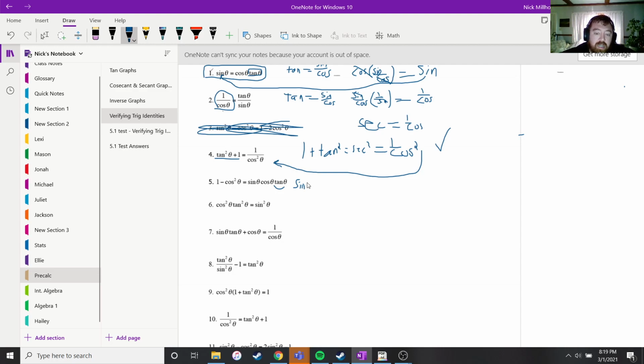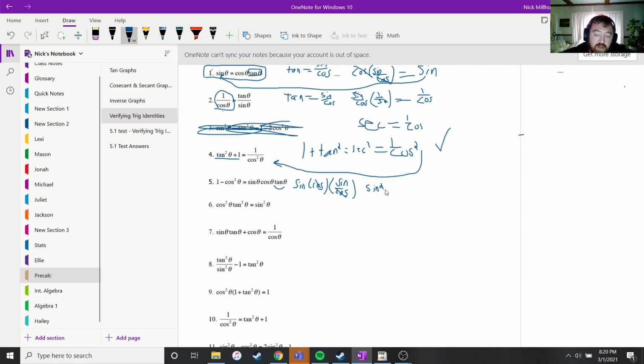So we got sine times cosine times sine over cosine. The cosines are going to cancel out, right? So then we're left with sine times sine, so sine squared.